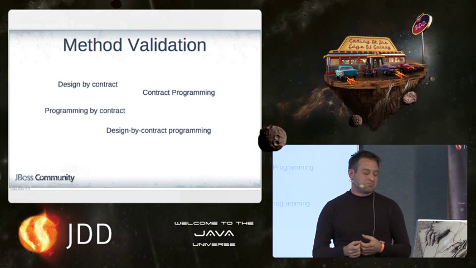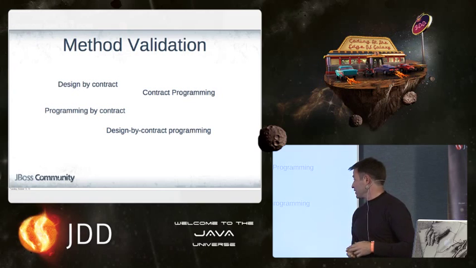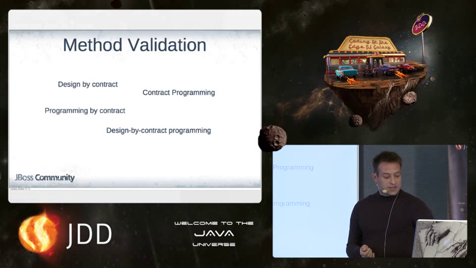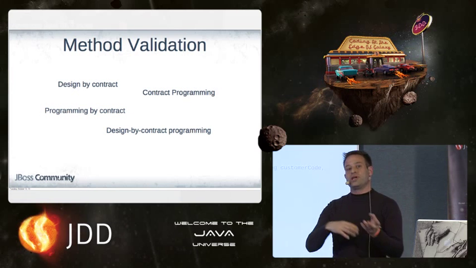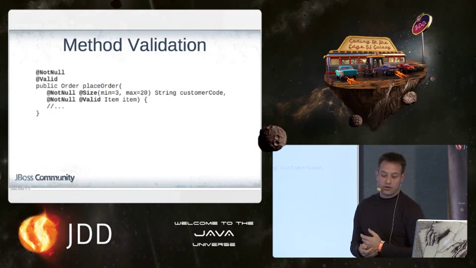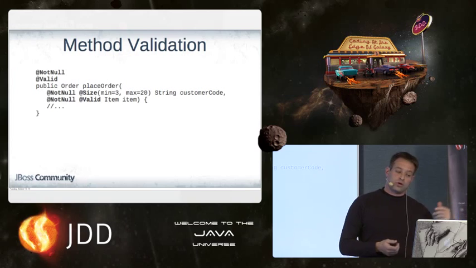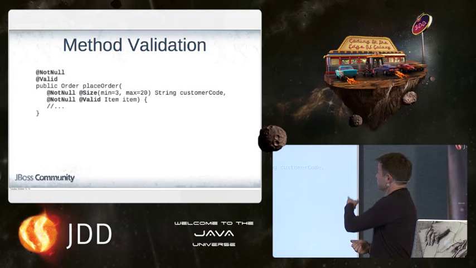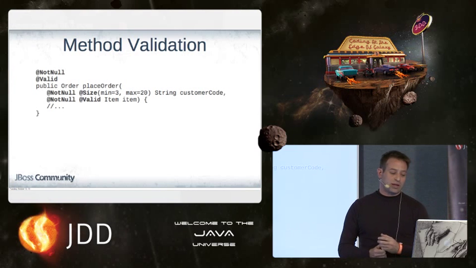I guess there are different names for this, contract programming, design by contract, and so on. The idea is basically that you define pre- and post-conditions for your methods. So you're not validating a state of a type, but the parameters of a method call or the return value of a method call. And this is now possible. It was not possible in Bean Validation 1.0.